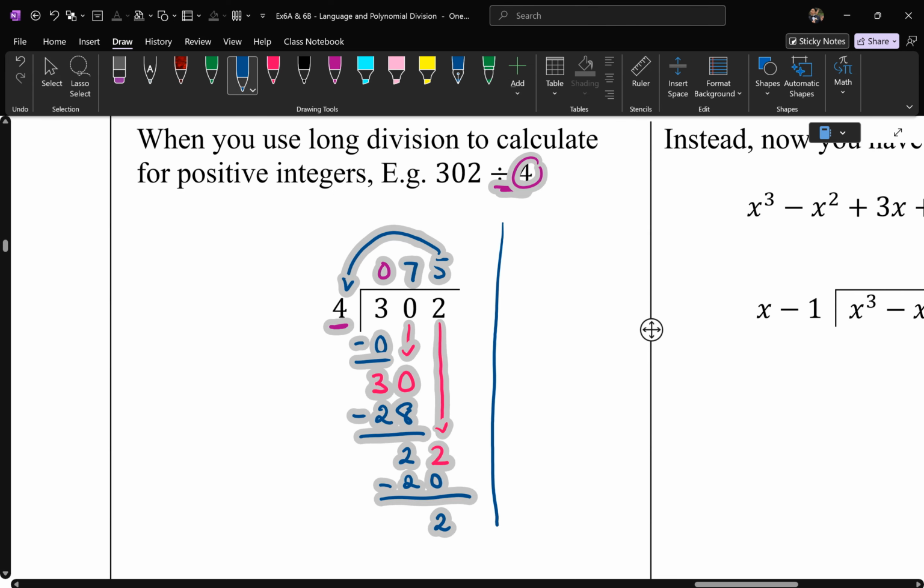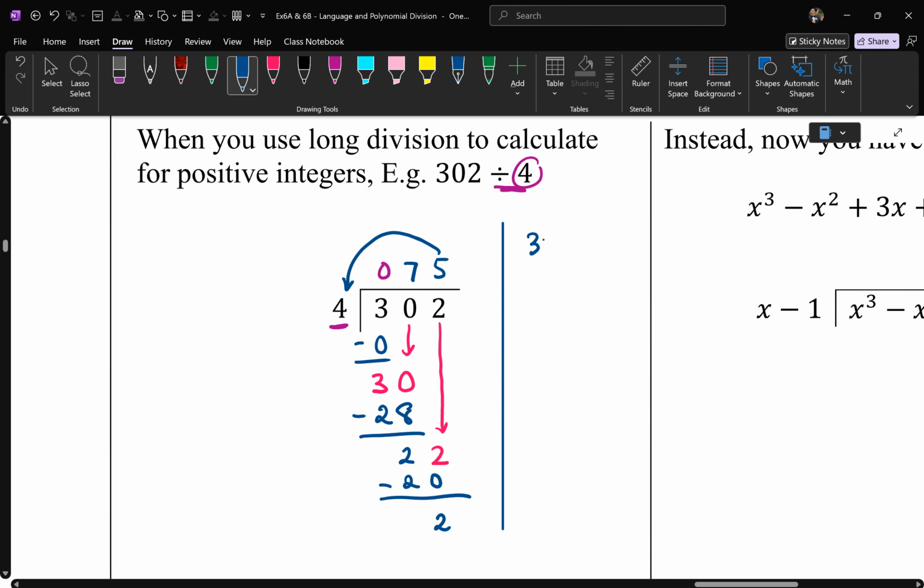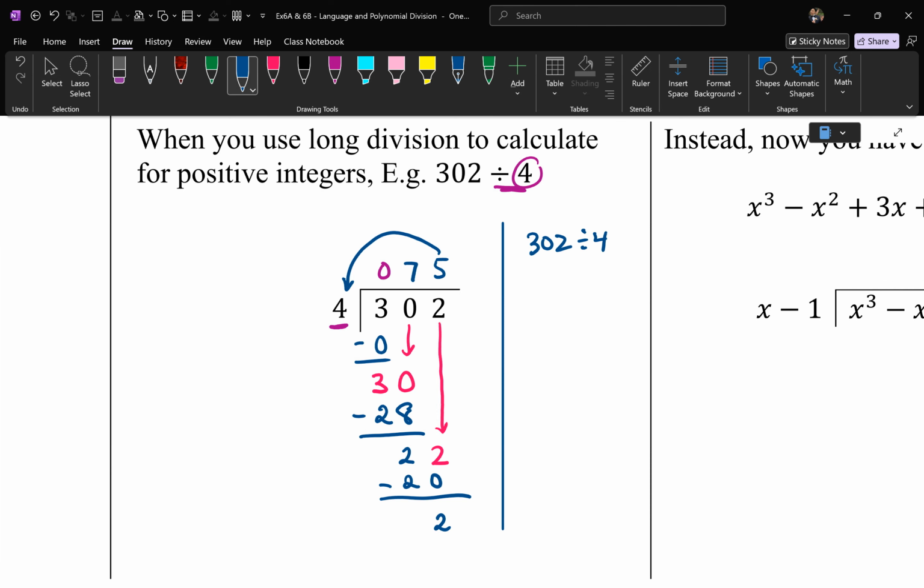So I'm just going to draw it on the side here. 302 divided by 4, or another way of thinking about it, 302 over 4 is equal to 75 wholes, because that's how much it fits in. That's your quotient. That's what's left over in wholes, plus an extra remainder of 2 out of 4.